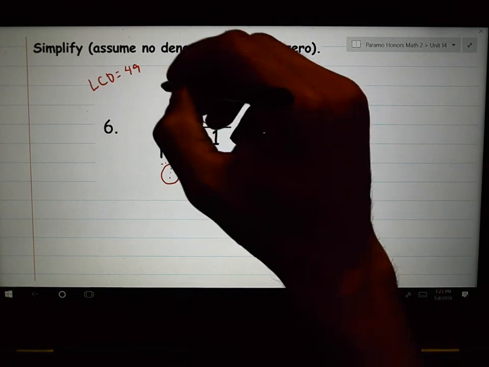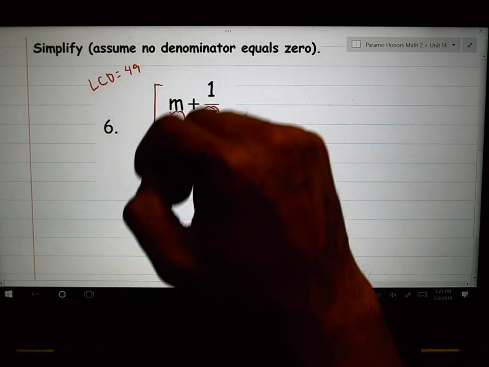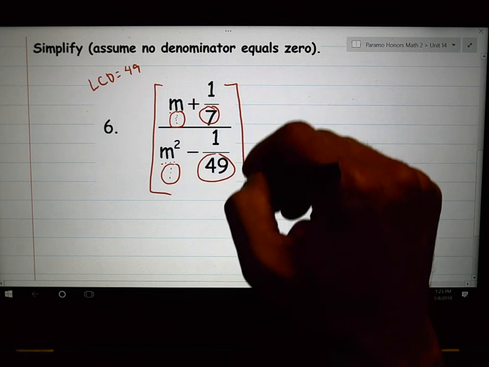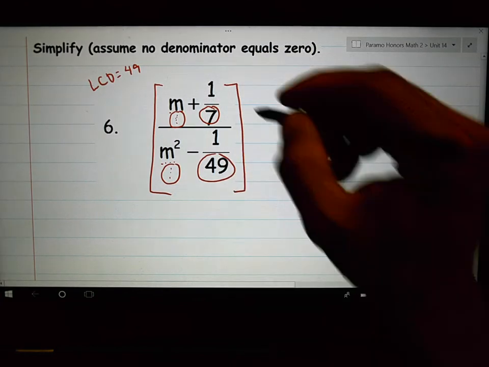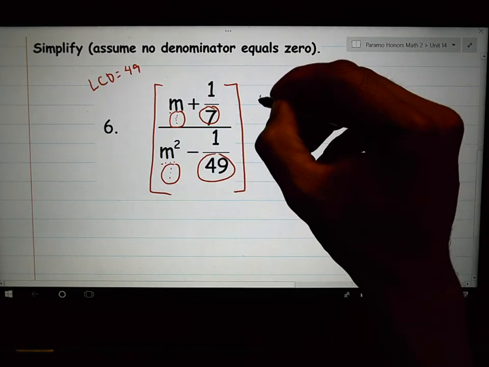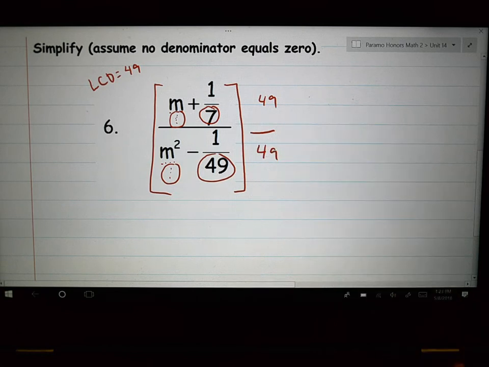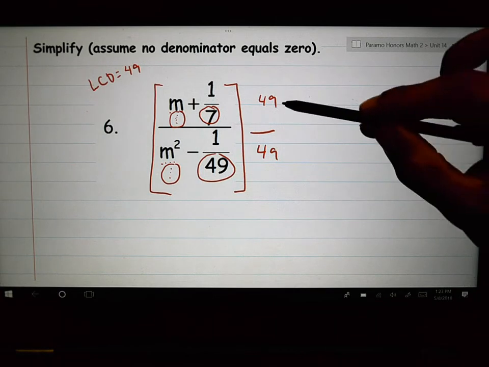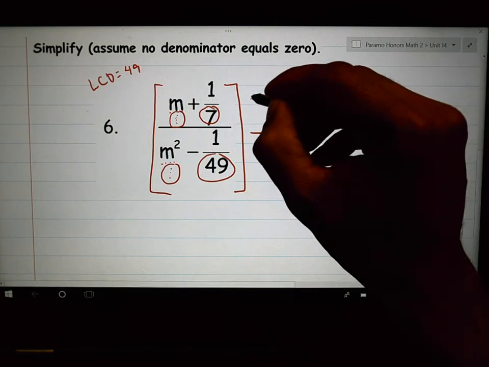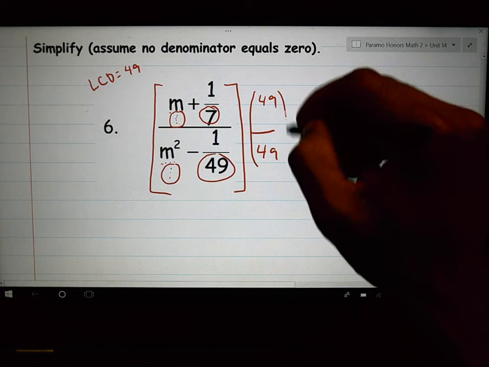Anyhow, what we're going to do with that number is take this complex fraction and multiply by the number 1. The way we are going to multiply by the number 1 is the LCD divided by the LCD. 49 divided by 49 is 1. 1 times anything is itself.